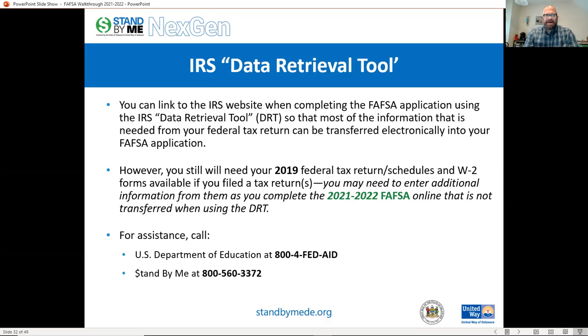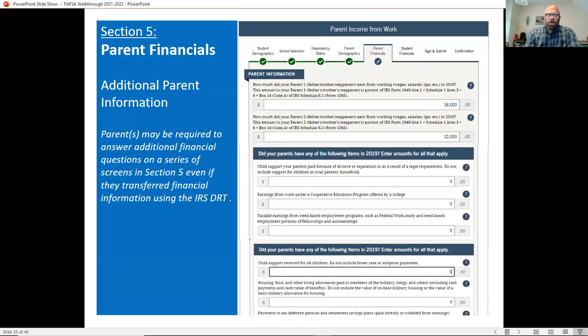Our website is down there at the bottom of every slide, so you can reach out to us at our website, which is standbymede.org. You can also, in a pinch, dial Delaware 211 on your phone, and that's the Delaware helpline, and you can simply ask for FAFSA completion assistance, and they will direct you to us, and we will get that request, and we will reach out to you and help you overcome any FAFSA issues you may have.